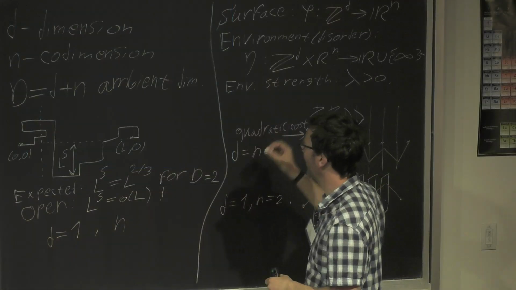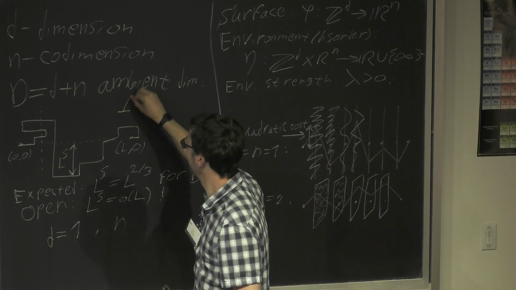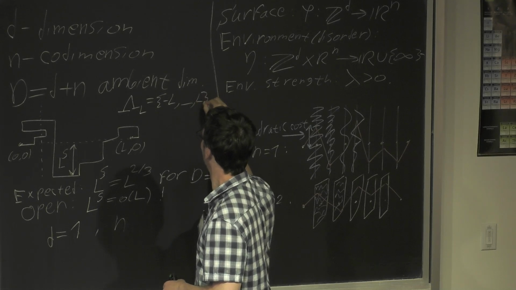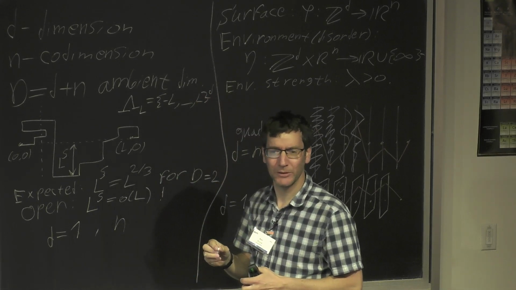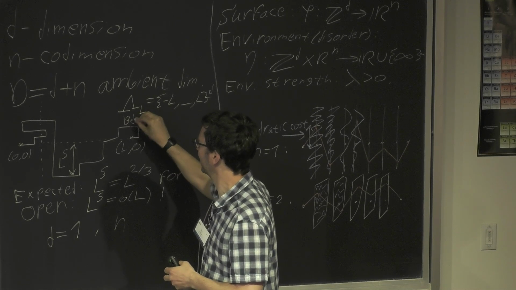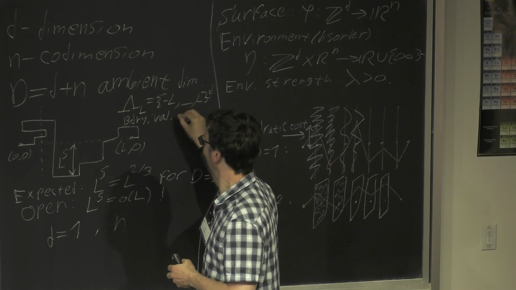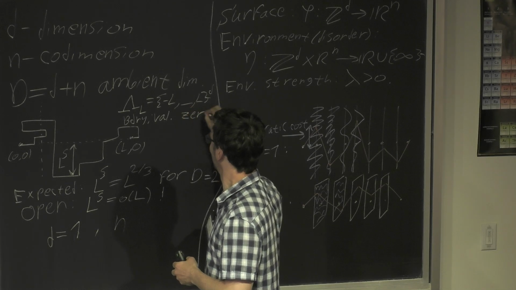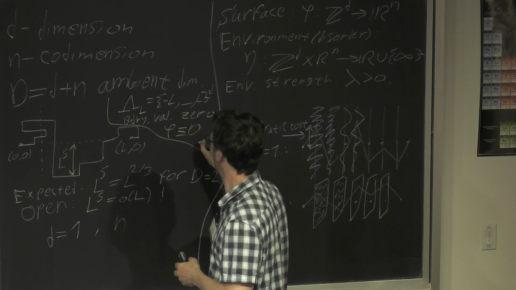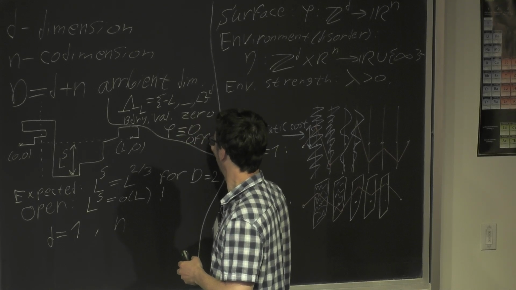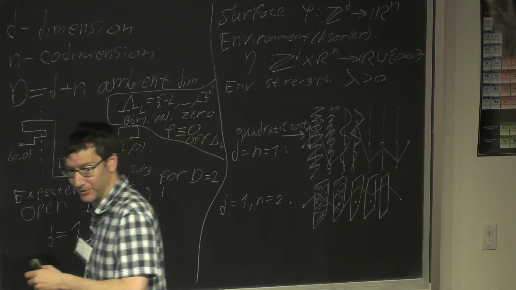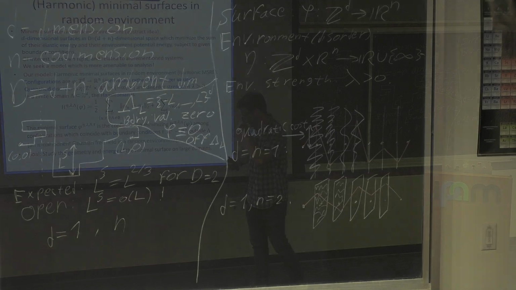For all of the talk, the domain is just going to be lambda L, which is minus L. And you can put any boundary condition you like, but most of the talk will have boundary values 0. That just means that phi, our surface, equals 0 off lambda L. That's most of the time, because as it turns out, it doesn't matter for this model in some sense.